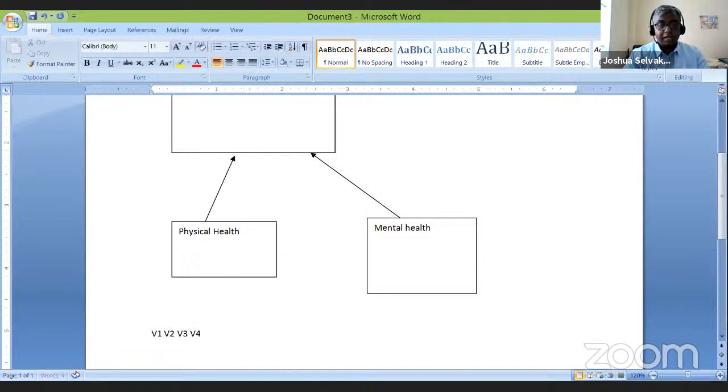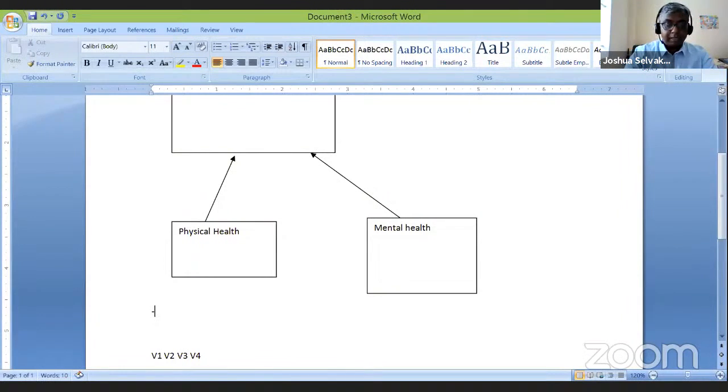And I also want to understand mental health. Let's say physical health. How can I understand physical health? If I want to be physically fit, physically healthy, what should I do to understand physical health?